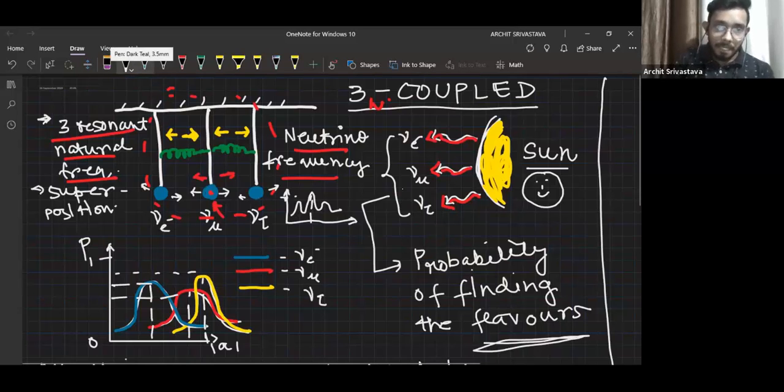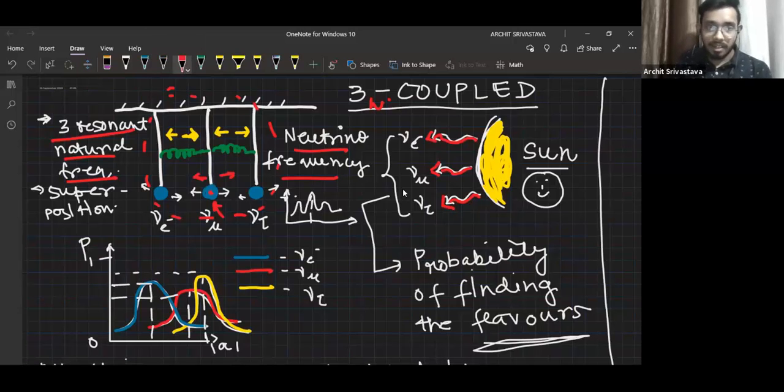So once the middle pendulum is set into motion, when all three are at rest, the amplitudes with which these three pendulums oscillate give us information about the electron neutrino, the muon neutrino, and the tau neutrino.